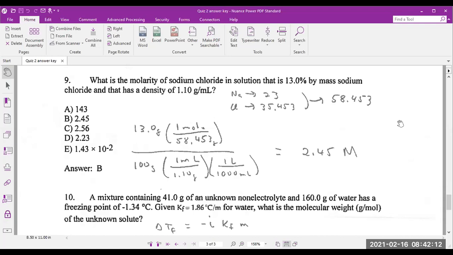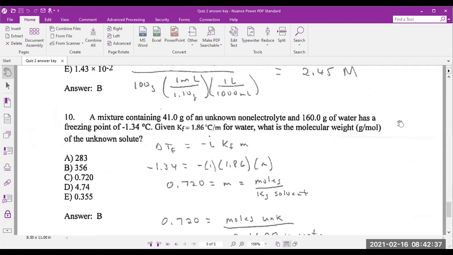So we can use our density value of 1.10 grams per mL to convert the 100 grams into a volume, in this case milliliters, and then we can use 1,000 mL equals 1 liter to convert mL into liters. We do all those calculations and we get a value of 2.45 moles per liter.